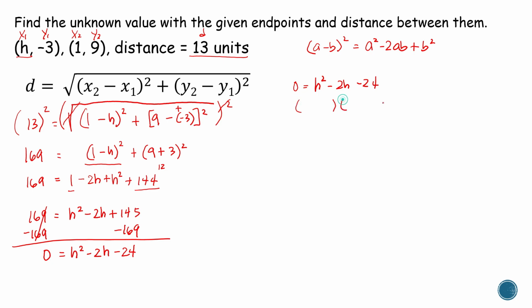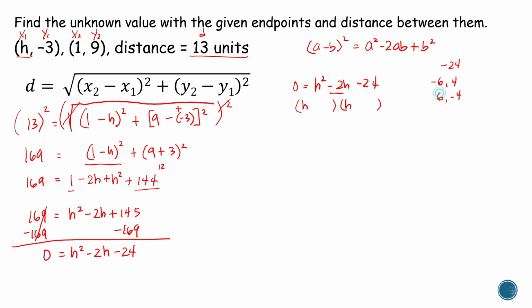So I'm going to put h, and with that negative 24, we need to find the numbers that when multiplied, the answer is negative 24, and when added, the answer is negative 2. So we can have negative 6 times 4, right? Or maybe 6 times negative 4.